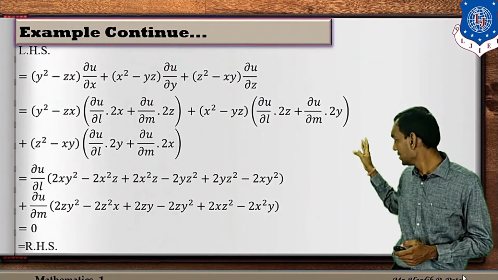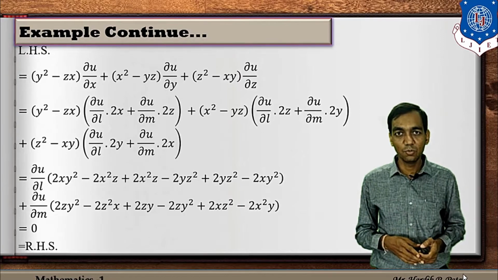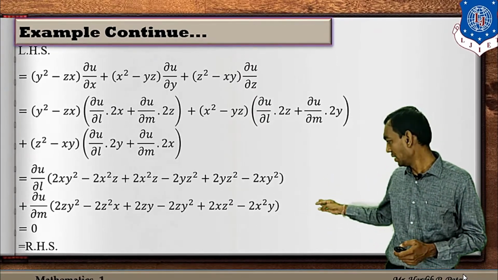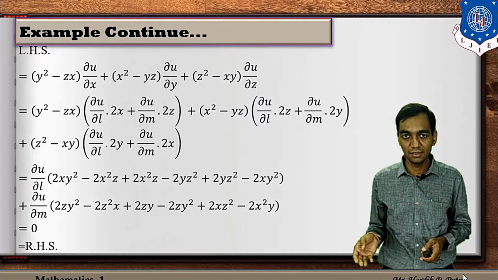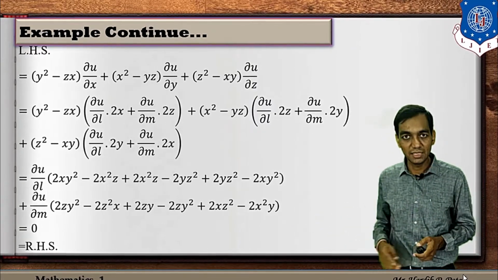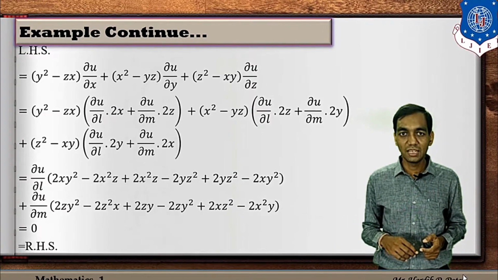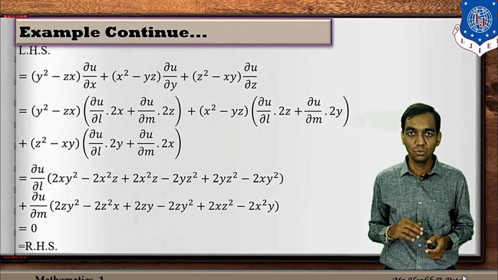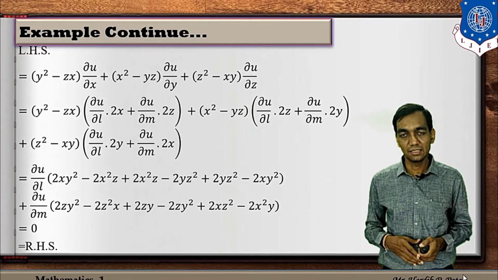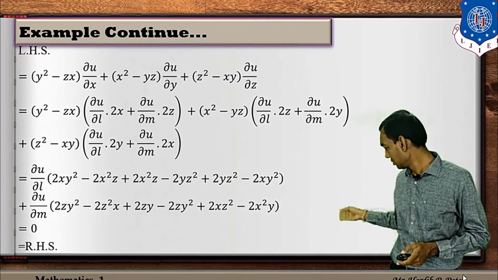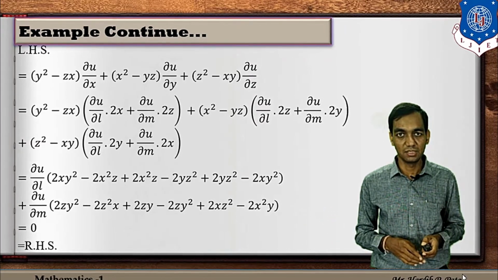Putting the values of del u by del x, del u by del y and del u by del z, simplifying it and combining the terms with del u by del L and del u by del M. So you will have del u by del L into 2xy square minus 2x square z plus 2x square z minus 2yz square plus 2yz square minus 2xy square, plus del u by del M into 2zy square minus 2z square x plus 2z square y minus 2zy square plus 2xz square minus 2x square y, and all the terms will be cancelled out and you will have the answer 0, that is your right hand side. Hence this proves the result.